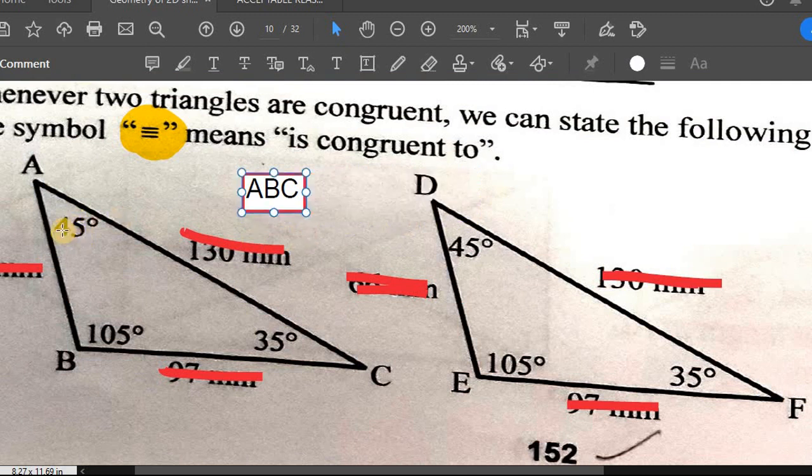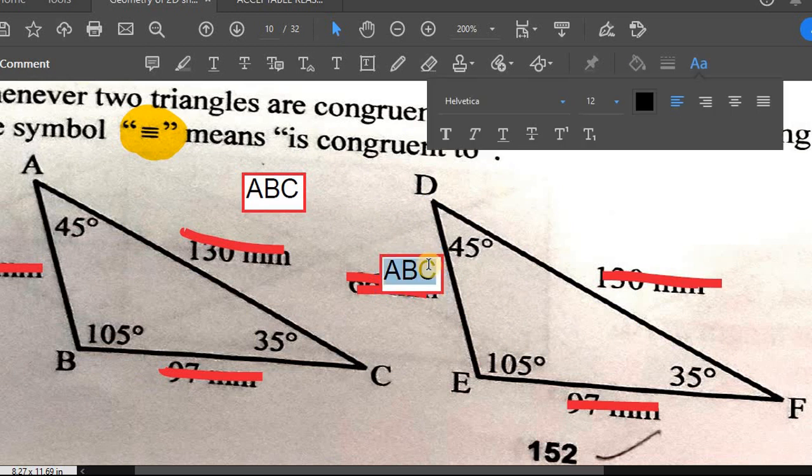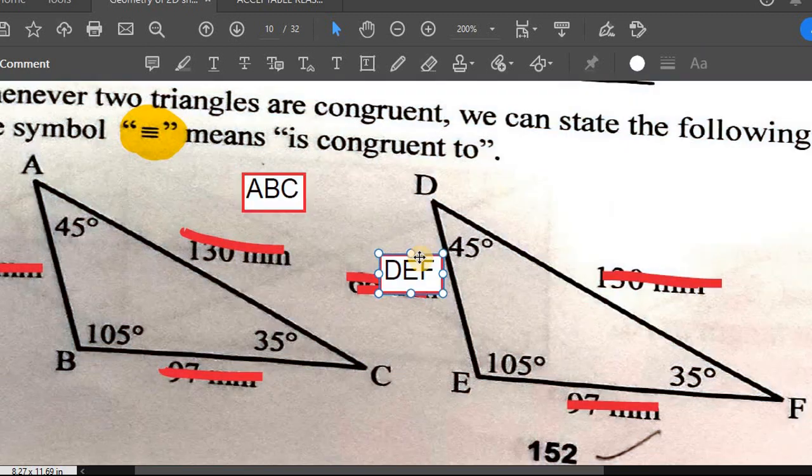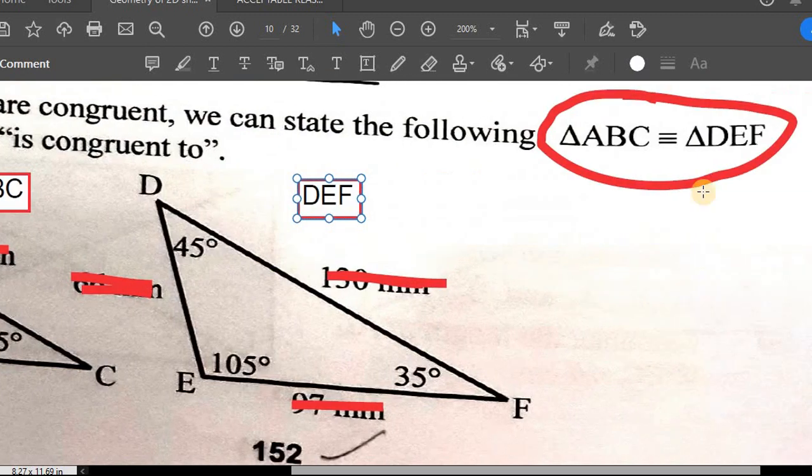So you say in your mind, I went to 45, then I went to 105, then I went to 35. 45, 105, 35. That is why you've got to now name this DEF. So that is the reason why we say that triangle ABC is congruent to DEF. Can you see how we name that?